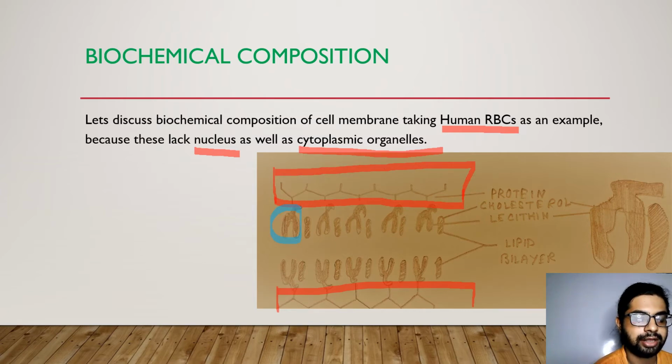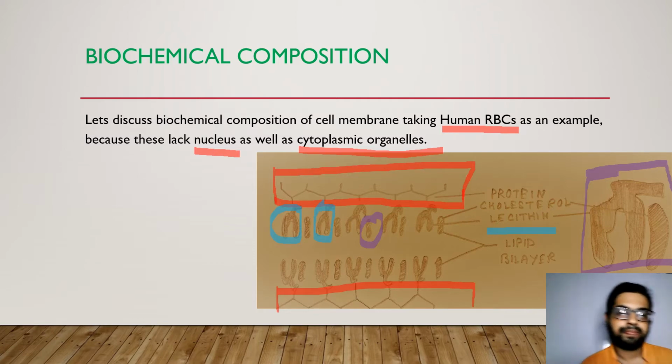A common example of a lipid moiety is lecithin. This lecithin is found in between these protein molecules, and over here are the cholesterol molecules.